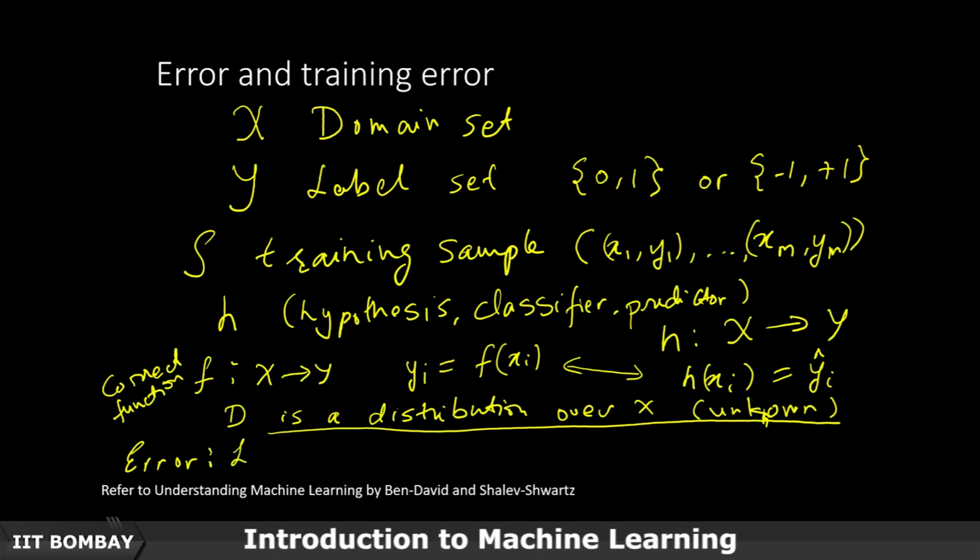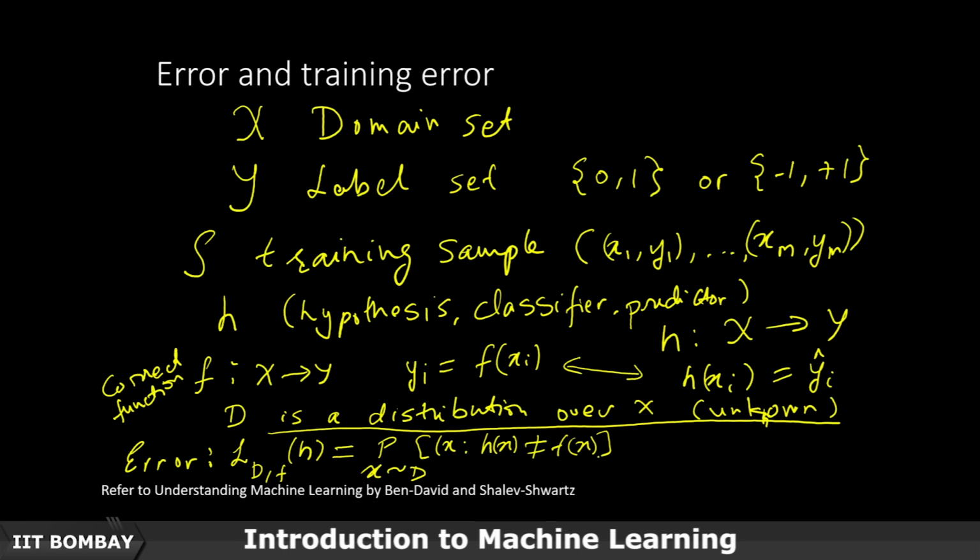We want to minimize the loss over D and f, for this particular distribution and an ideal mapping of input to output, over the hypothesis h. And what is that error? That is basically the probability of x being drawn from distribution D such that h(x) is not equal to f(x).